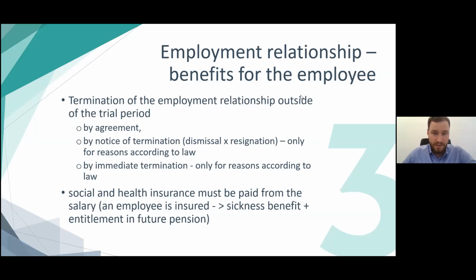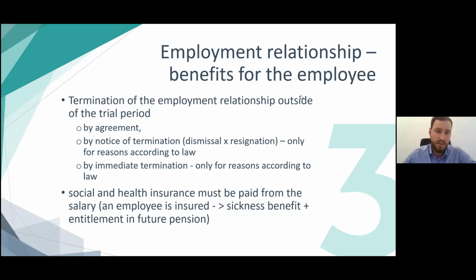Social and health insurance is paid by the employer. It's paid from the salary. Both employee and employer are paying it from the salary. So usually it's called čistá and hrubá mzda. So the higher number is something that the employer is paying, and the lower number in your working contract is something you get on your account.